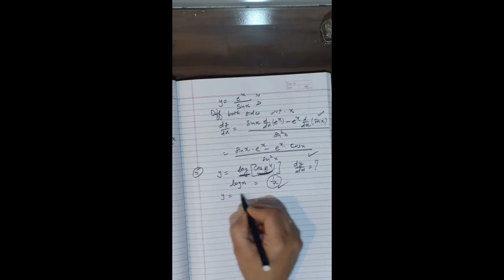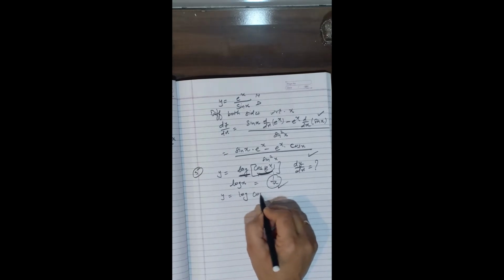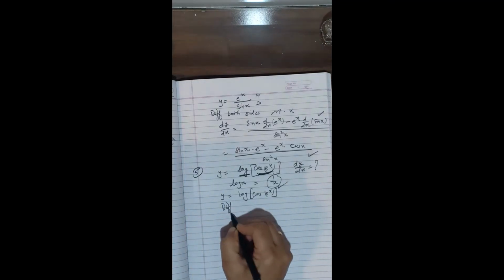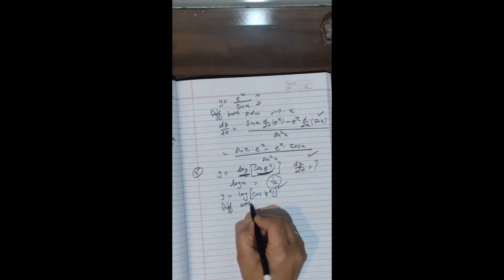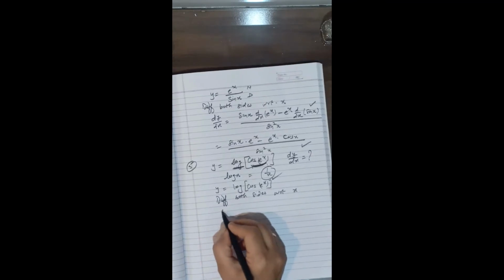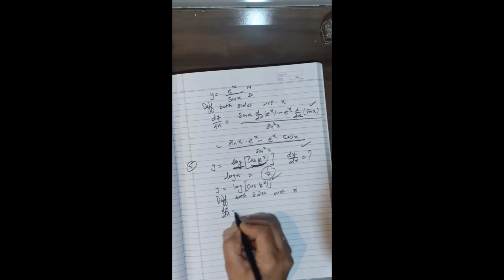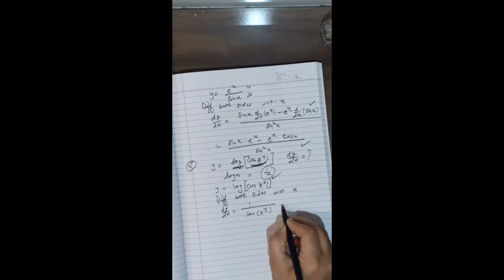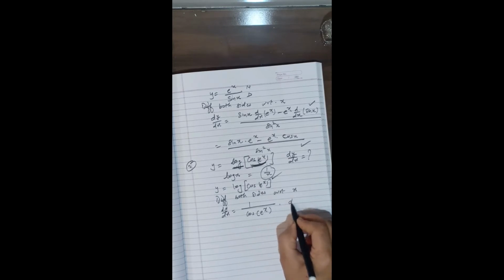y is equal to log cos e raised to power x. Differentiating both sides with respect to x, you will get dy upon dx equal to 1 upon cos of e raised to power x into derivative of cos e raised to power x.